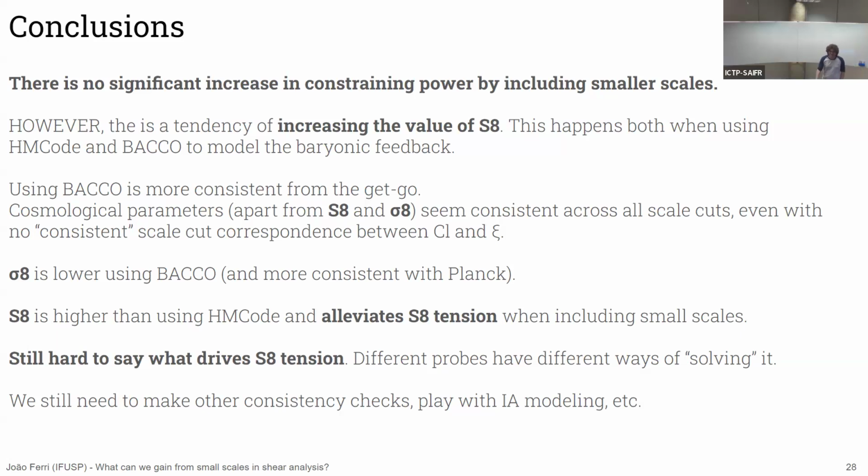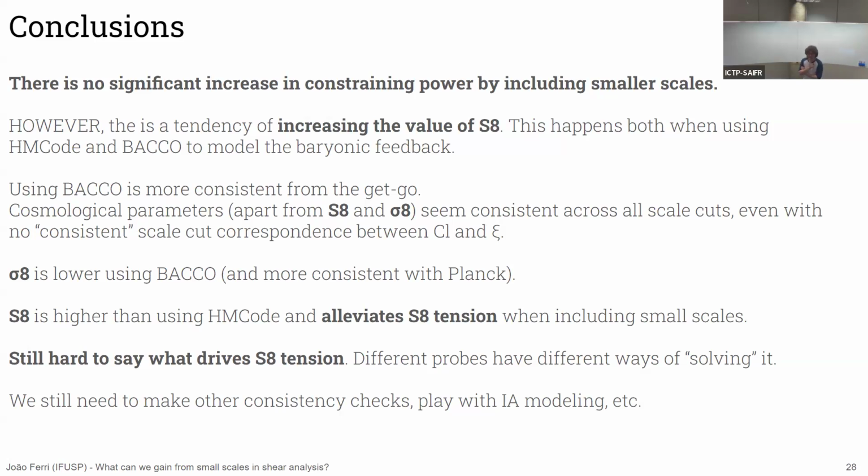Any other question? Yep. Thanks for the talk. I didn't get why, once you add the baryonic effects, the consistent scale cut is not important.